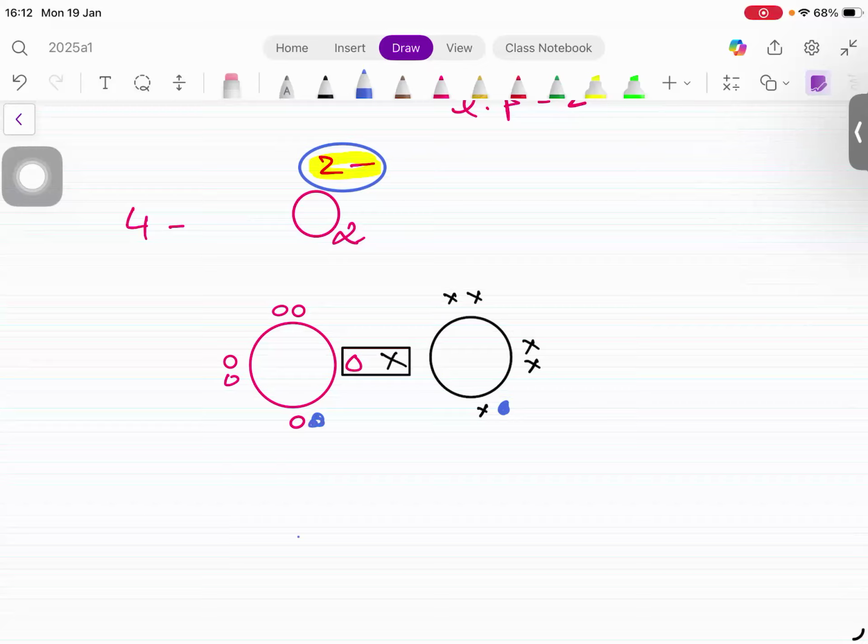So now oxygen has a single bond with oxygen. How many bond pairs then? 1. And how many lone pairs? Lone pairs are 3 and 3, 6. Is it clear?